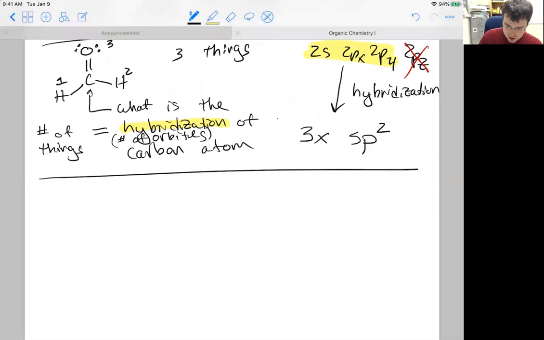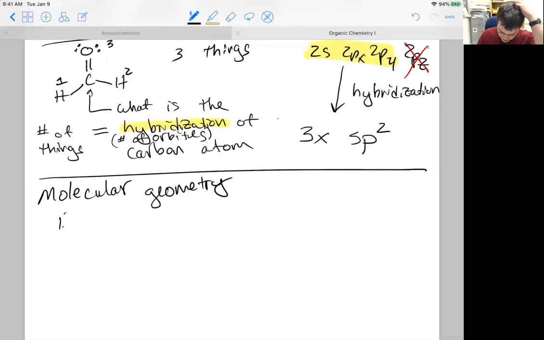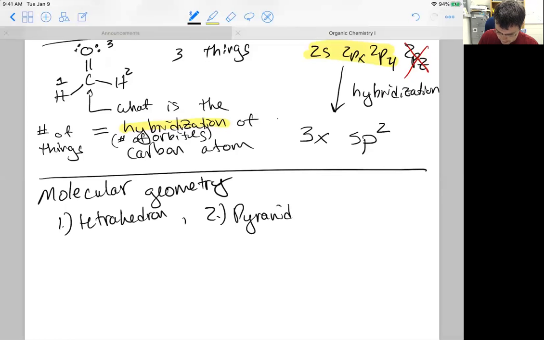So let's go back and continue our discussion of geometry. Molecular geometry. And we had some players, right? We had the tetrahedron. We had pyramidal. And we had bent so far, but those weren't the only players.